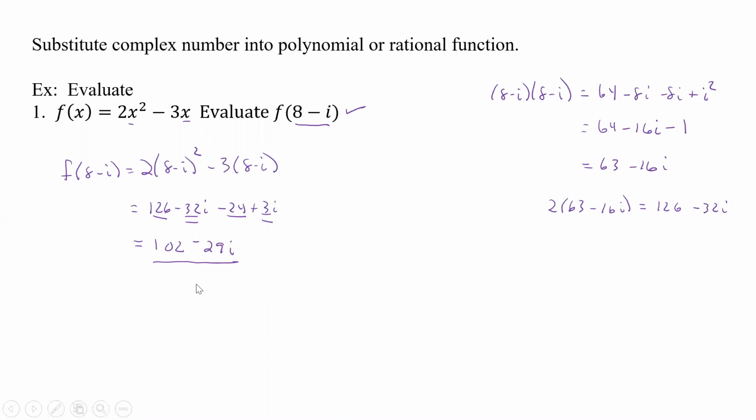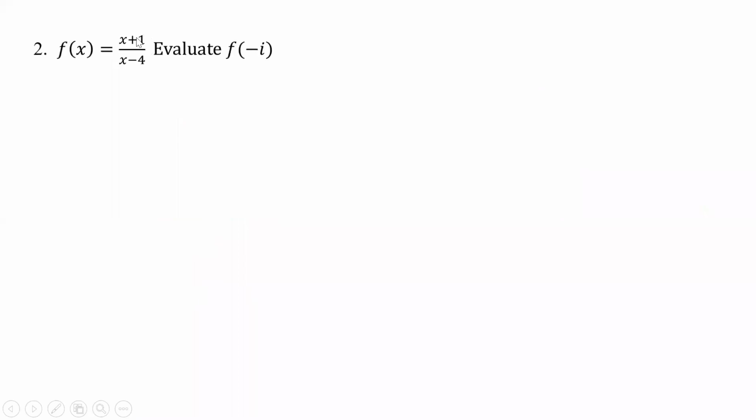So let's do one now where we have a complex fraction over a complex fraction, and we're going to add in our value of negative i rather. So what do we have? We have f of negative i equals, now we have negative i plus 1 divided by negative i minus 4. All right, now remember, it's the i part that is making the conjugate here. It's not the 4 part.